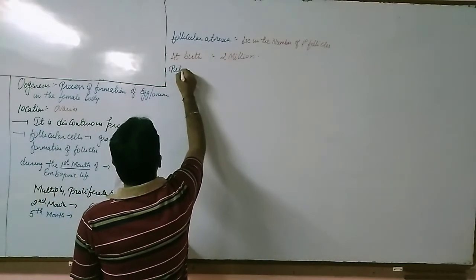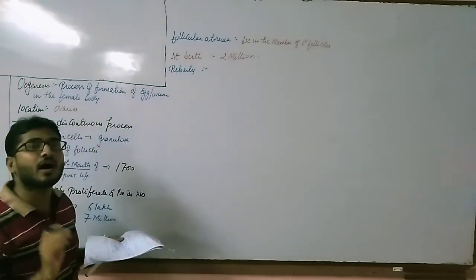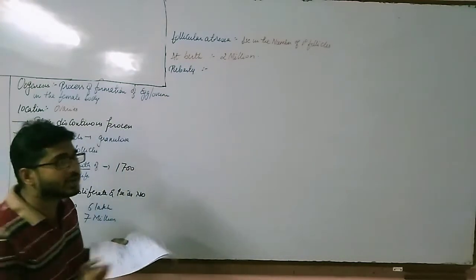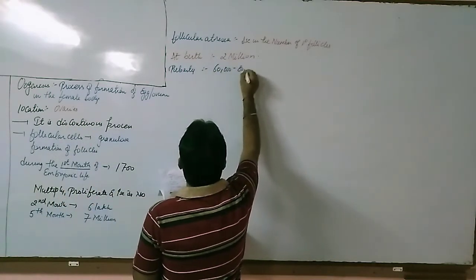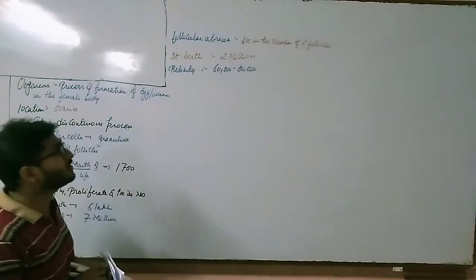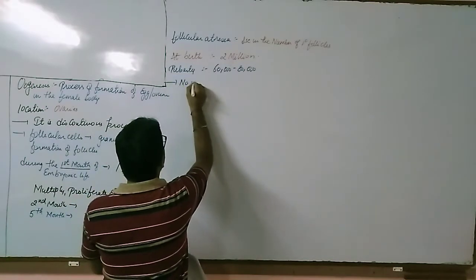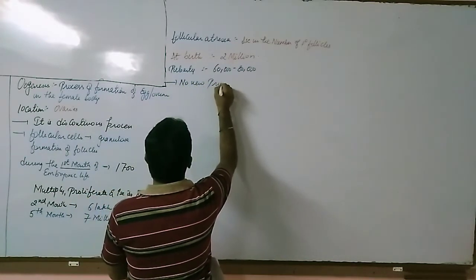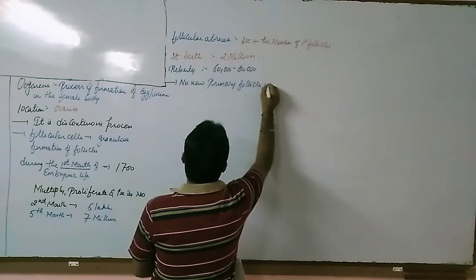So during the puberty stage, the number of primary follicles is in several thousands only, that is around 60,000 to 80,000 in number. Now what is going to happen next? After puberty, no new primary follicle will develop.